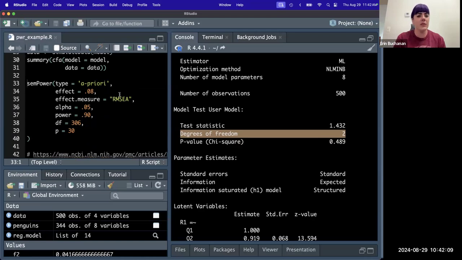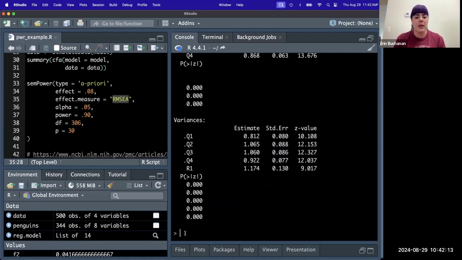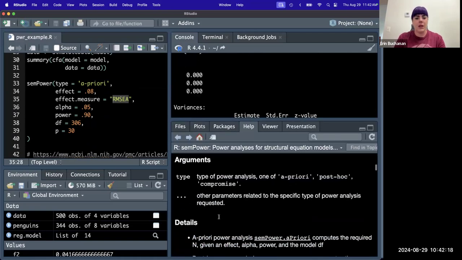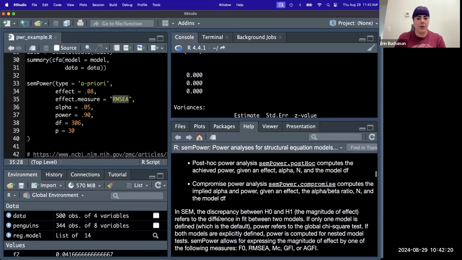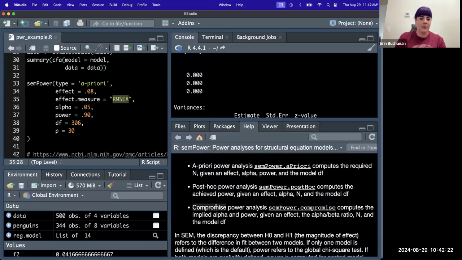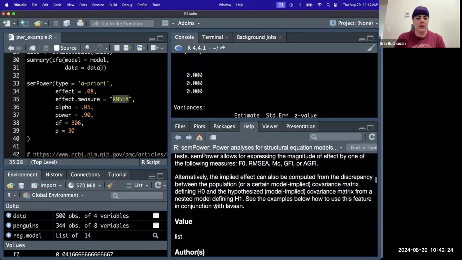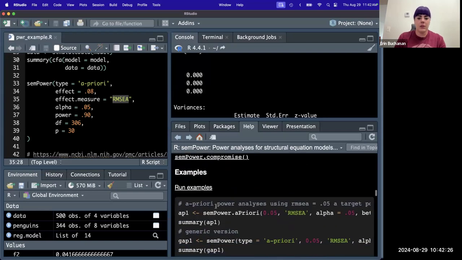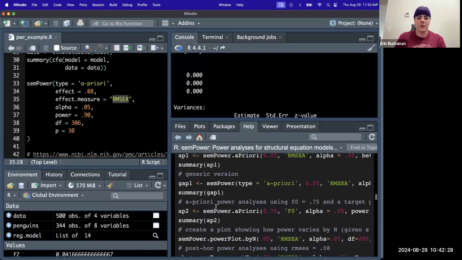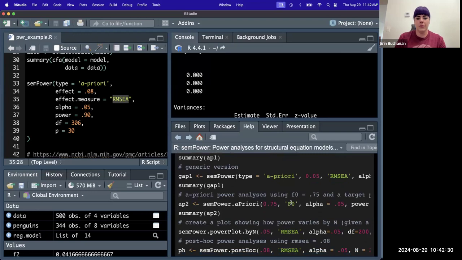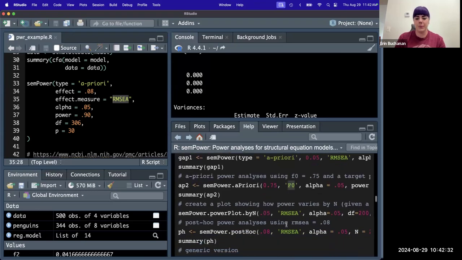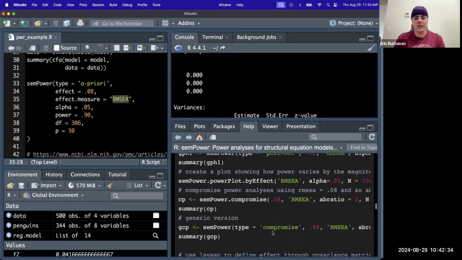I think the only 2 options here are RMSEA and CFI. I think you can also do compromised power analyses. I'm going to stick with a priori. I think it's either, no, they have other ones. So you'd have to look at their documentation.